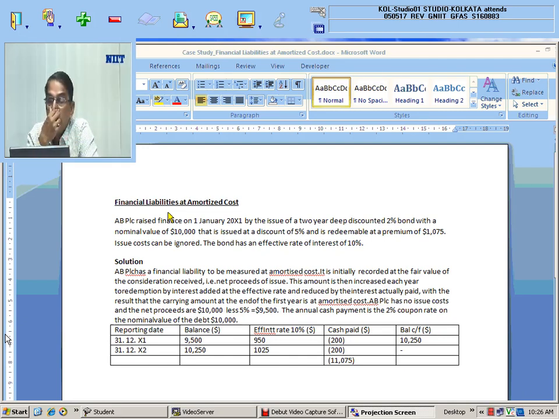That will be the carrying amount at the beginning of the second year, and then again we calculate the effective interest rate on the carrying amount for the second year. And then we look at the actual cash paid, 200 by way of interest and 11,075 by way of redemption of the bond. So the final value becomes zero.